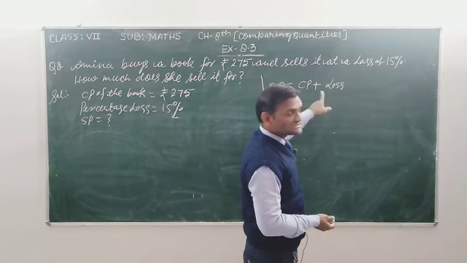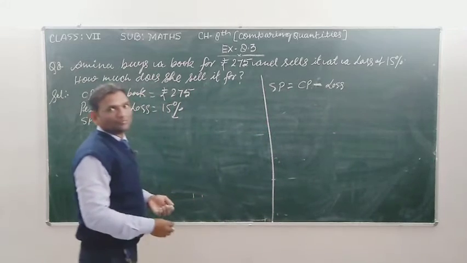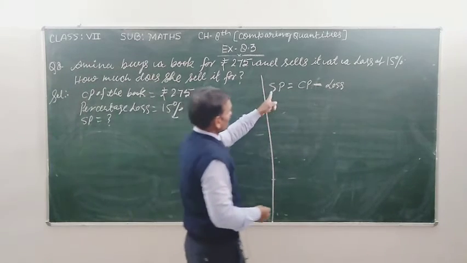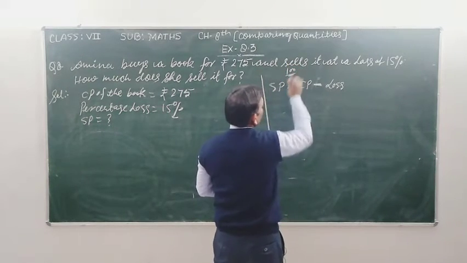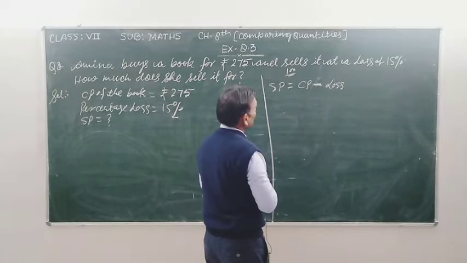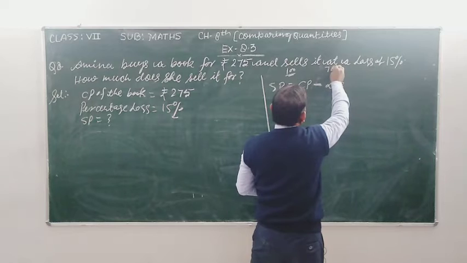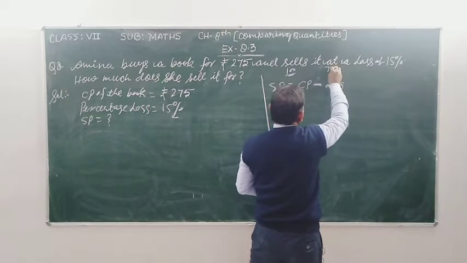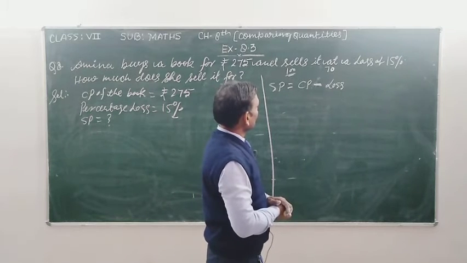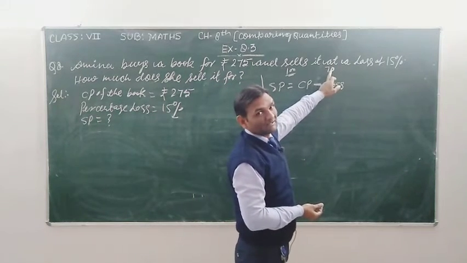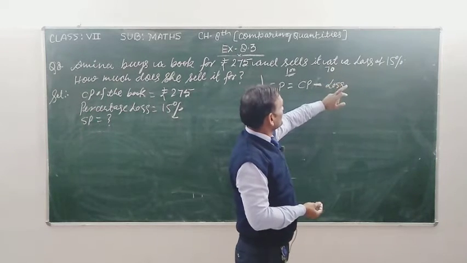CP माइनस लॉस. क्यों? अगर 100 रुपीस में कोई चीज खरीदा हूं मैं और 70 रुपीस में बेचा, no student, this is the selling price, 70.